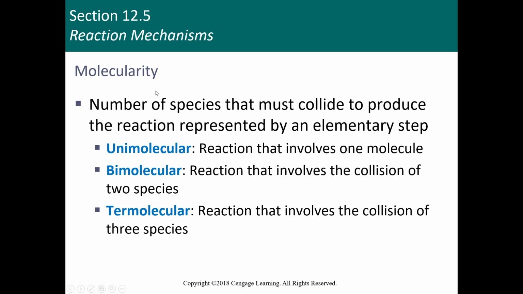Molecularity is the number of species that must collide to produce the reaction presented by the elementary step. All right, so there are three different types of molecularity we need to understand. There's unimolecular, uni meaning one, so unimolecular means that only one molecule has to be there, doesn't have to collide with anything else, for the reaction to take place.